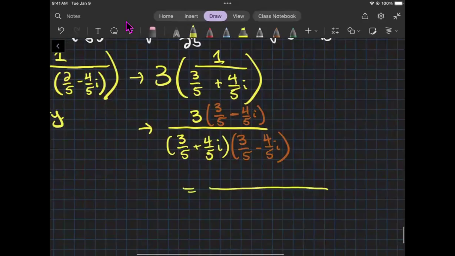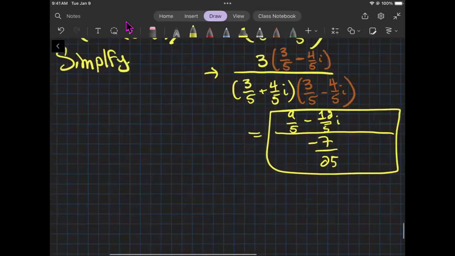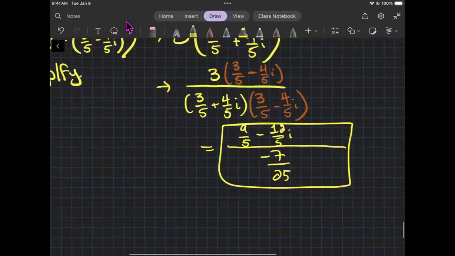And so that would equal 9/5 minus 12/5 i, divided by minus 7/25. That's what you should get on the bottom number, and that is what the series would converge to: 9/5 minus 12/5 i divided by negative 7/25.